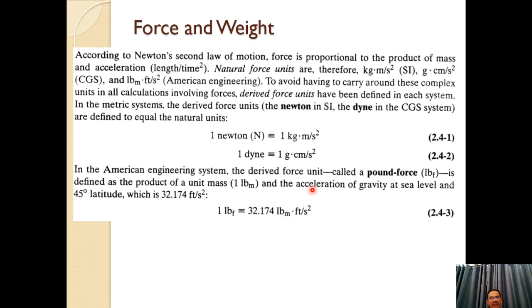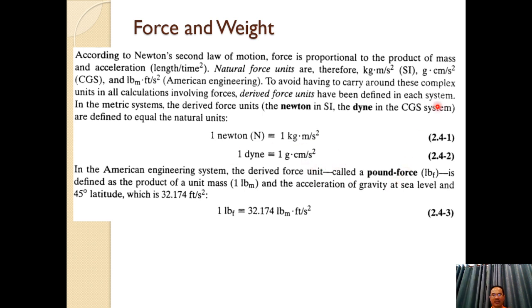This shows the force and weight. The unit of force is the Newton, as I talked about already. The Newton equals 1 kilogram meter per second square, and 1 dyne equals 1 gram centimeter per second square. The Newton is the SI unit, and the dyne is a CGS unit.